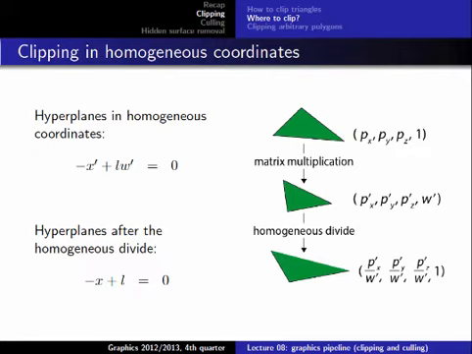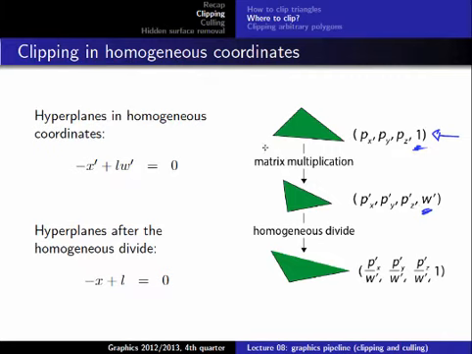To illustrate this, let's look again at the left side. What we do with the homogeneous divide, or with this extension of the homogeneous coordinates, is we represent a point in the traditional way of the homogeneous coordinates with the 1 here by a point where we have this value w here, but then also of course all the points here are multiplied with this w.